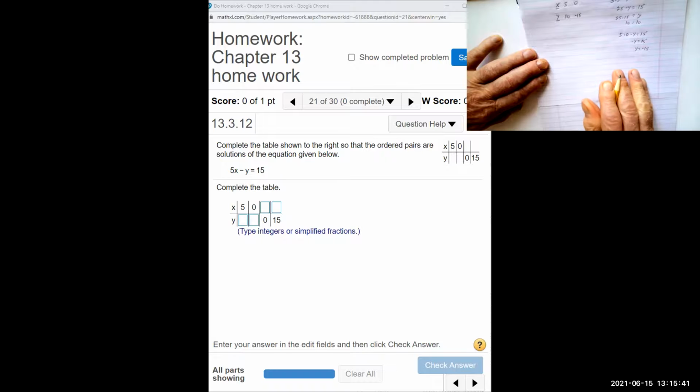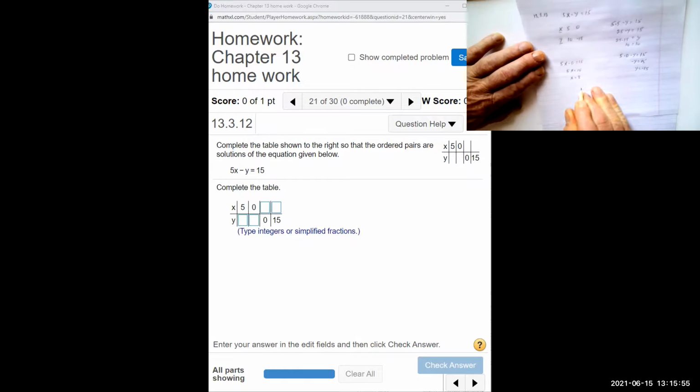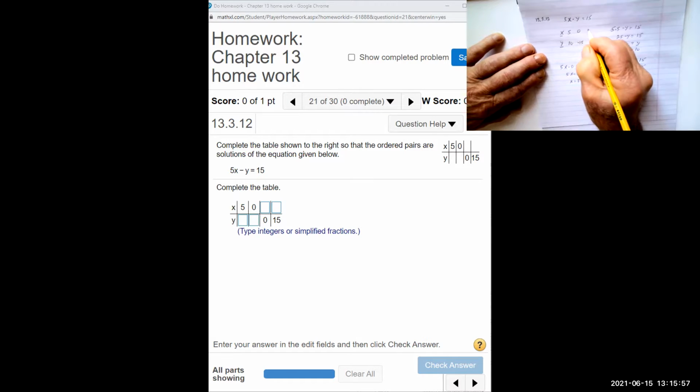And now we're told the values of y. So let's let y equals 0. So 5x minus 0 equals 15. 5x equals 15. X is equal to 3. So x equals 3 when y equals 0.